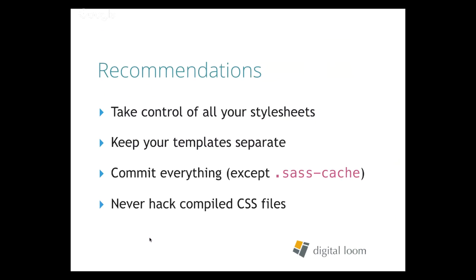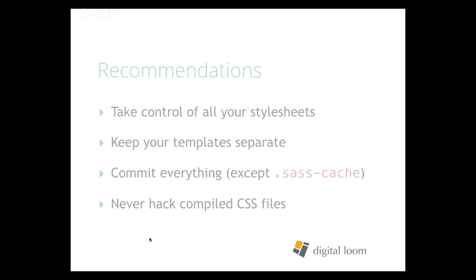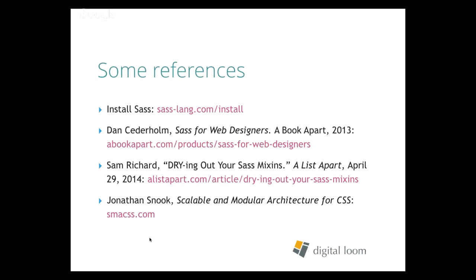So this is as far as I can go with this. There are some references, how to install Sass in different systems. Sass for Web Designers by Dan Cederholm, which is great, came out a few years ago. It's one of the very thin A Book Apart books. It's just about Sass, To begin using Sass is there. My source for the DRY technique is here on A List Apart.